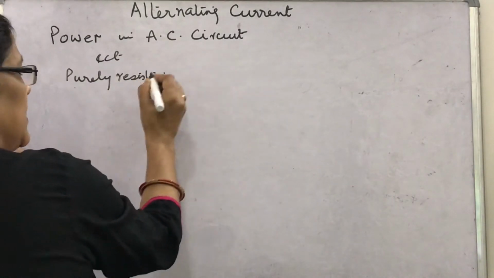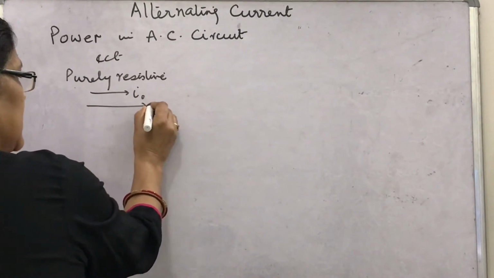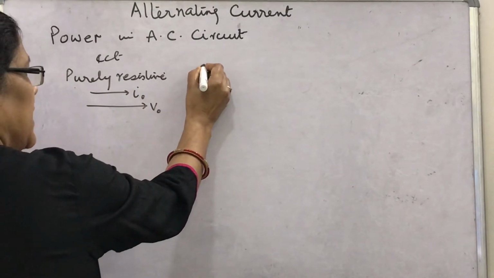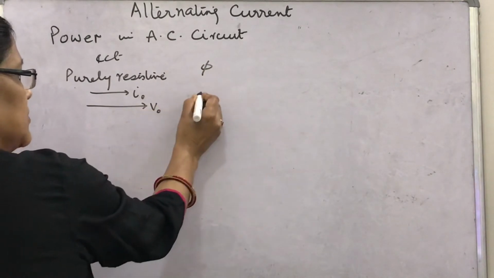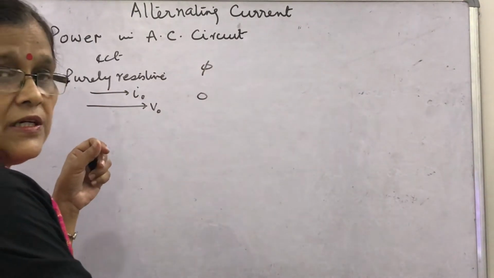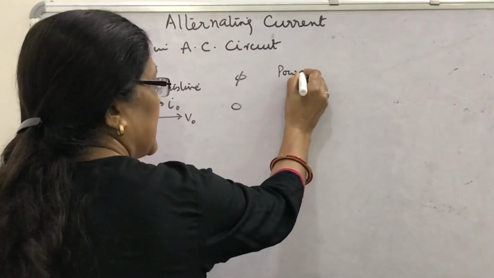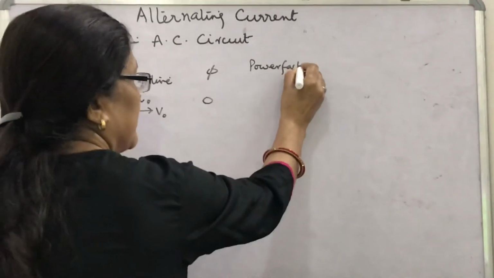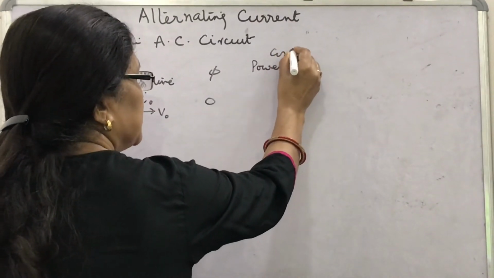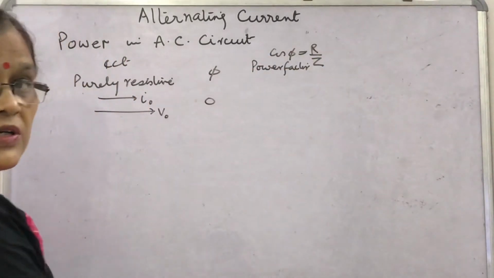circuit. Then in this circuit, what is the current and the voltage? What is phase angle phi? Look here, 0, because they are in the same phase. The phase angle is 0. Then what is power factor? Actually, power factor you can write cos phi equal to R by Z. What is that?